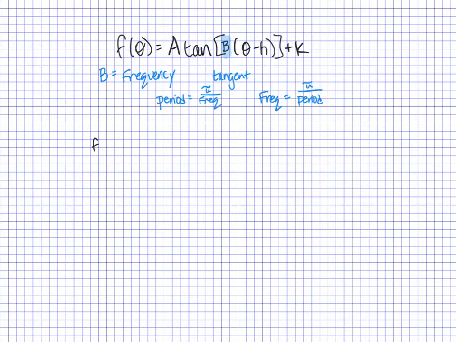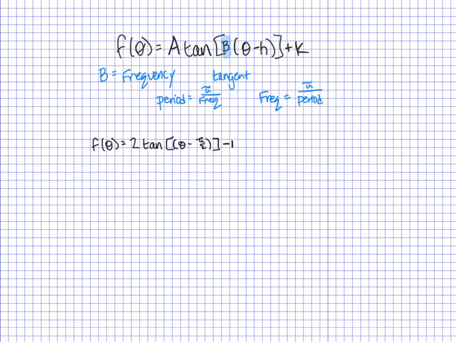So let's do f of theta is equal to 2 times tangent of theta minus pi over 2, minus 1. So in this case, you may not need those square brackets just because we don't really have a b value, but I like to put those in there just for practice.